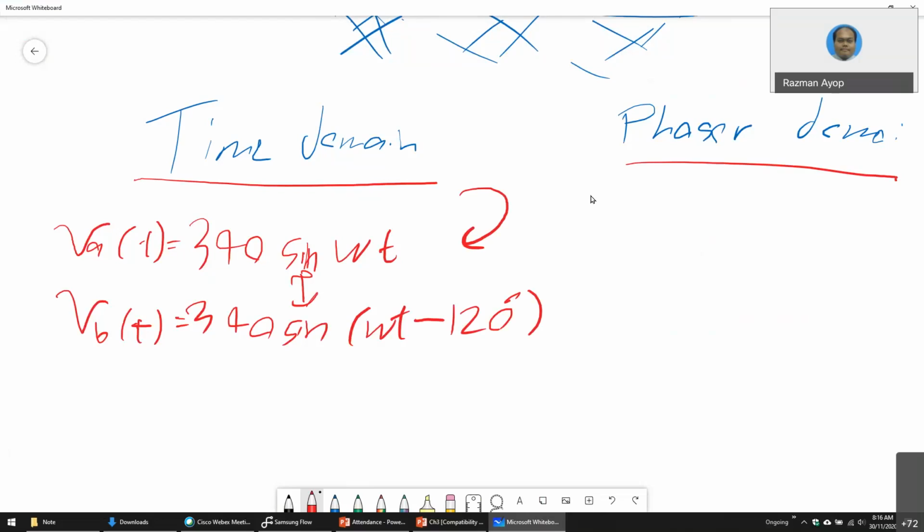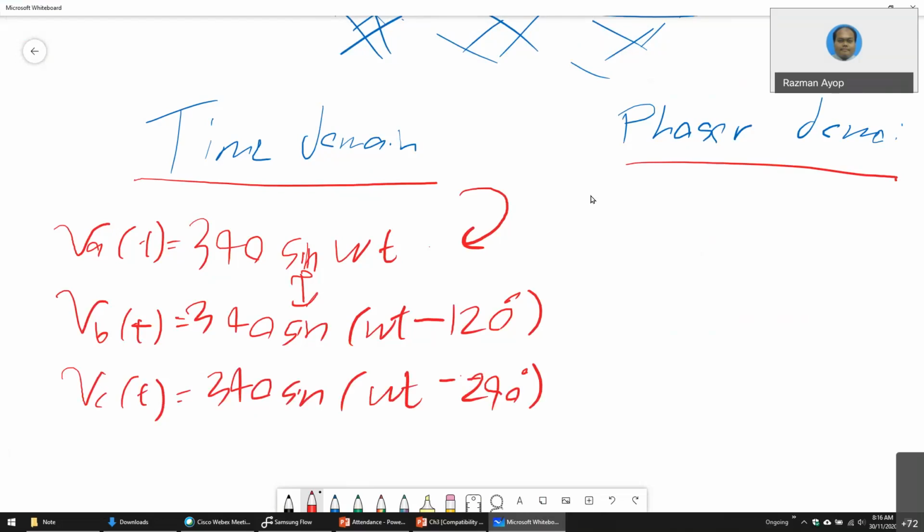So that means 0, negative 120 degrees, negative 240. And VC is 340 sine WT minus 240 degrees. Make sure it is clockwise: 0, negative 120, negative 240.